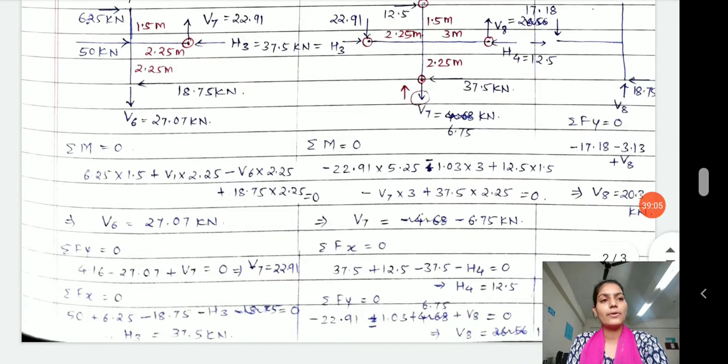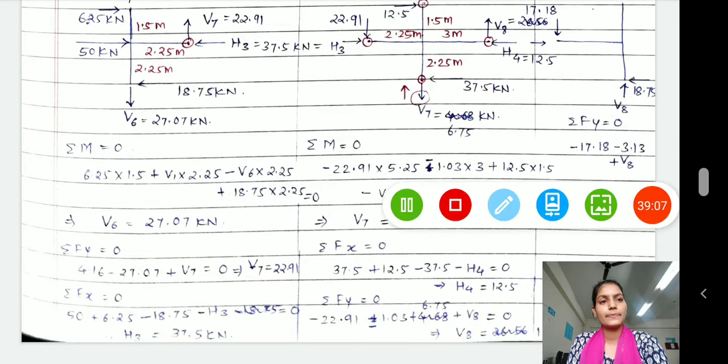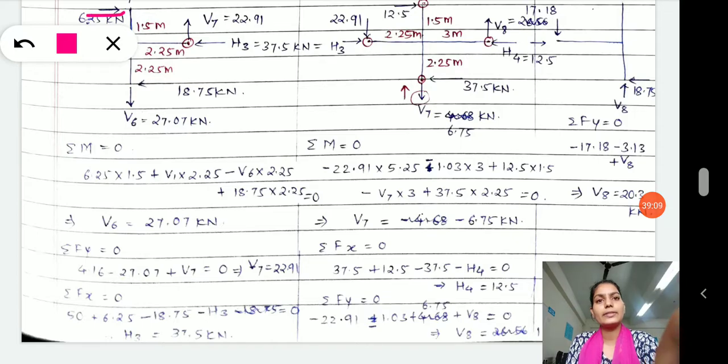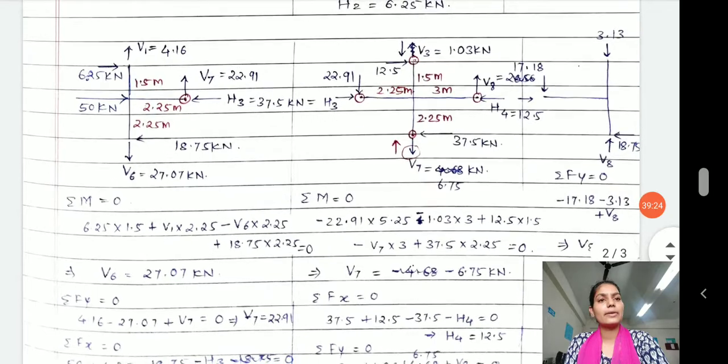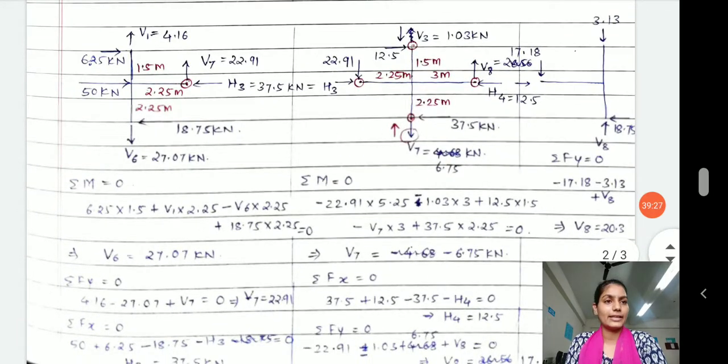Now summation of horizontal forces. How many horizontal forces? 6.25 minus 18.75 minus H3 equals 0, giving me an H3 value of 37.5 kilonewton. Similarly, we will apply the equations of equilibrium for the second case.